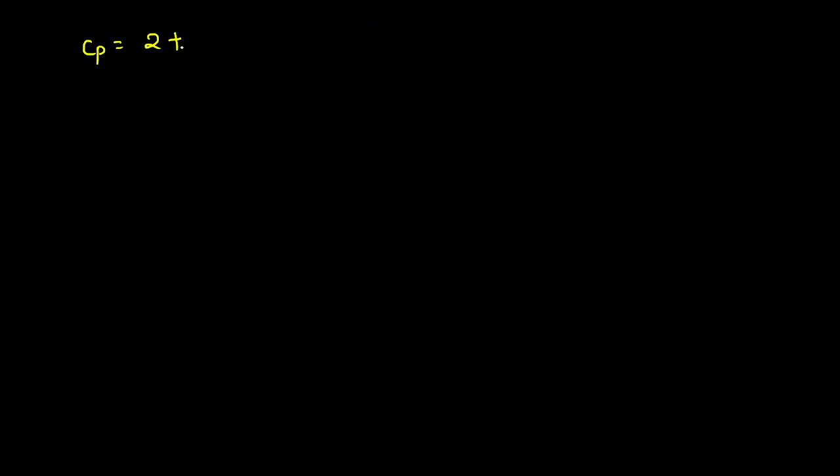Just try to understand. Cp is equal to 2 plus 3T, and T1 is given as 298 Kelvin and T2 is given as 400 Kelvin, right?